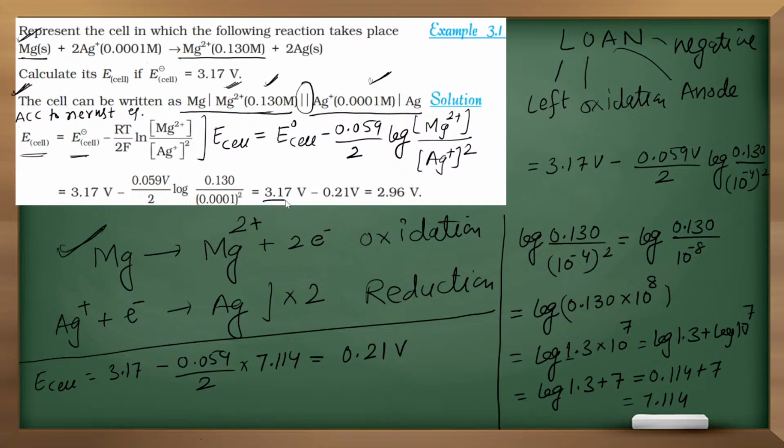In this way it is 3.17 volt minus 0.21 volt, and that should be equal to 2.96 volt. Got it?